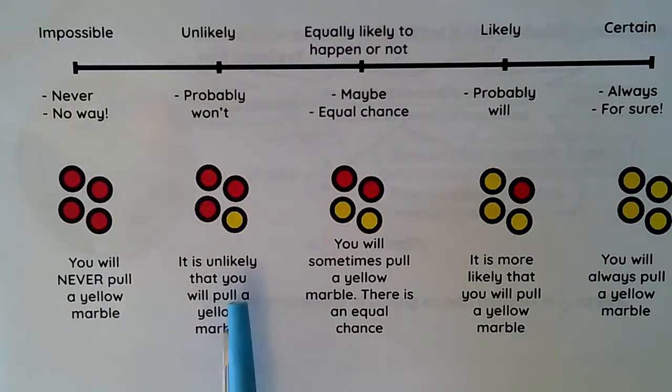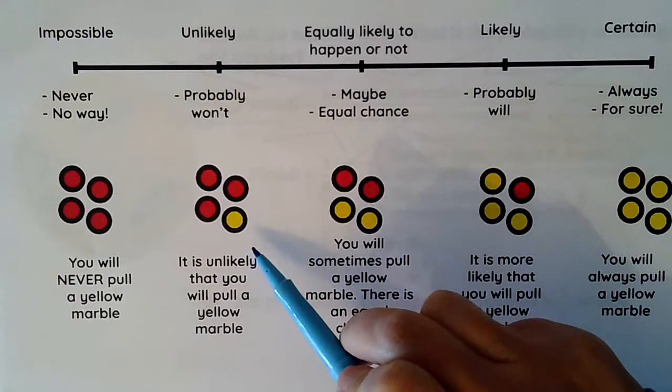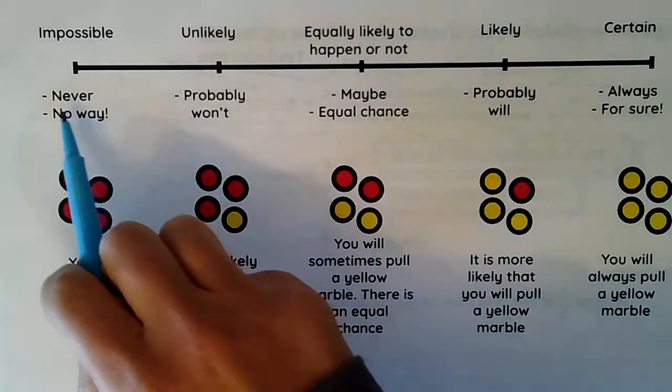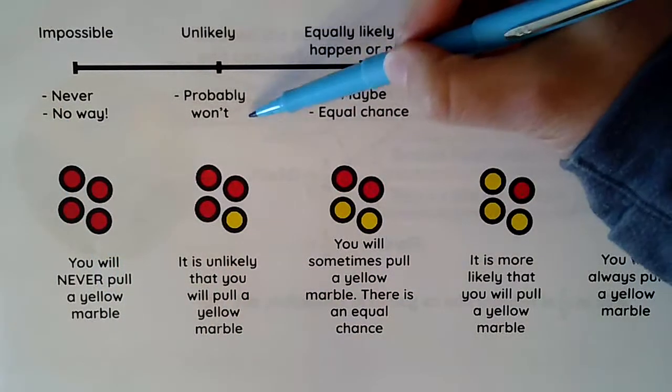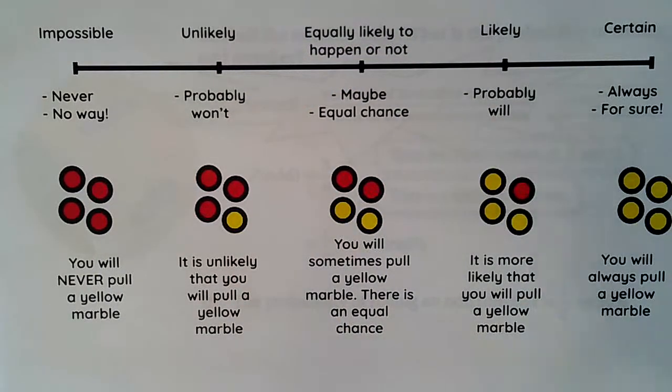If we move over here, we've got 3 red, so that is more likely to happen to pull a red, whereas that yellow, it's possible. It's definitely possible. It's not impossible, but it probably won't. Pulling the yellow in that group is more unlikely.